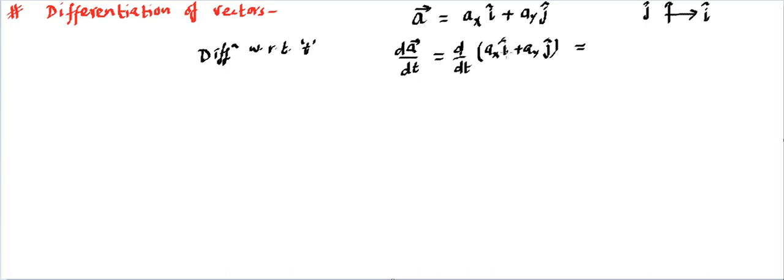That means they will be treated as constants. So we will say that you need to perform d upon dt on this ax, because we are doing it with respect to time. So this has to be performed over this ax, and then we will write this i cap separately, because i cap can be taken outside. Similarly, j cap can be taken outside, and this operation has to be performed on ay. So that's going to be j cap.